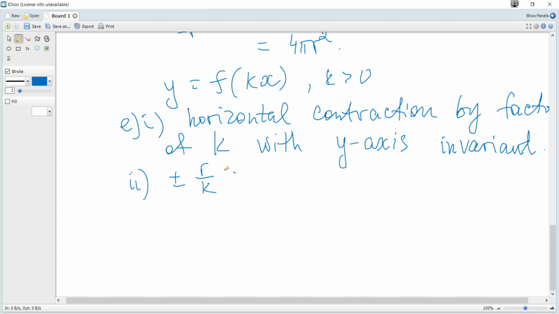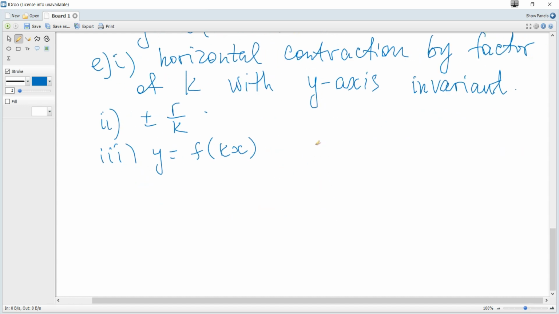Then next, for y is f of kx, find an expression for dy/dx in terms of x, r, and k, 2 marks. So we need dy/dx.